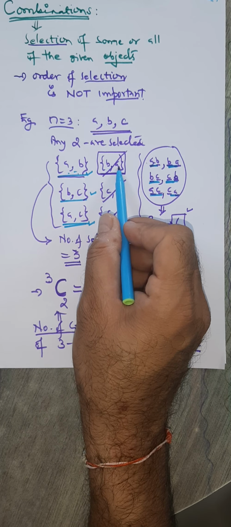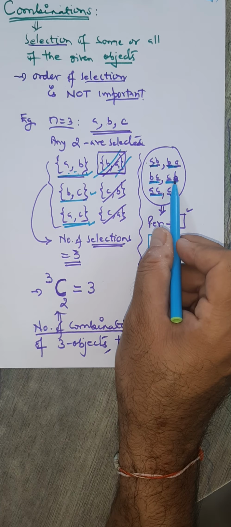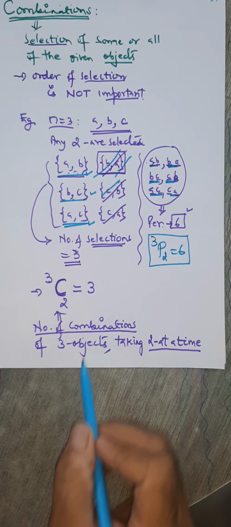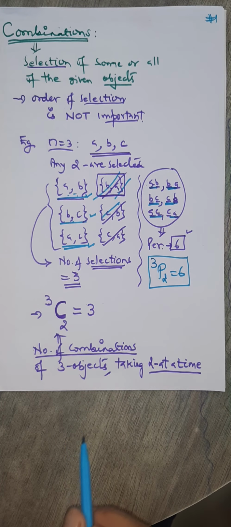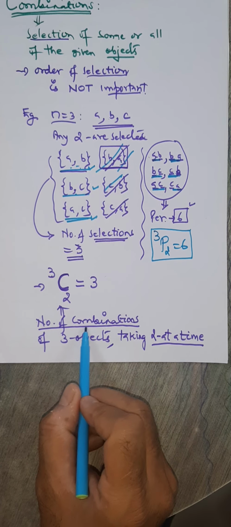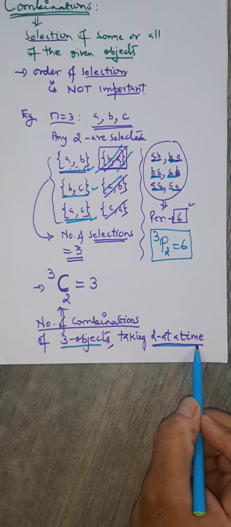So no need to write these 2, we have dropped this. As a permutation they are different, but as a combination they are the same. Similarly here. So 3C2 is the total number of selections or combinations of 3 objects taking 2 at a time.